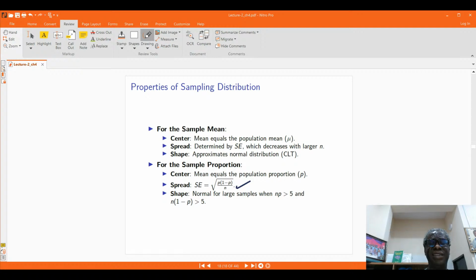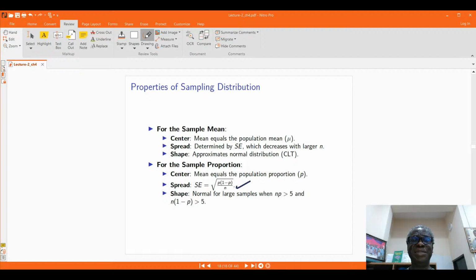And the last property is about the shape. The condition for the shape to be normal is that, one, you have large samples, when the product of the sample size and the proportion of successes is greater than 5.